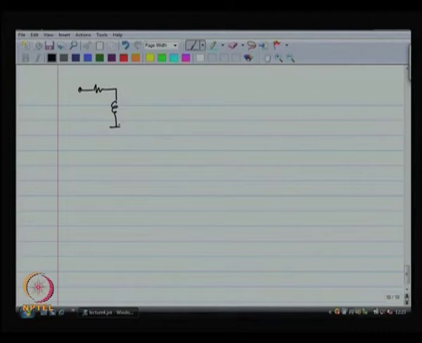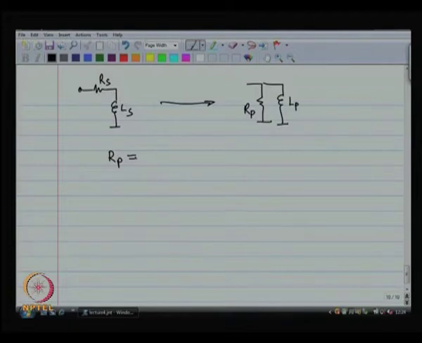So, suppose I have RS and LS and I want to transform it to a parallel network with RP and LP, then I just have to do the precise opposite, which means that RP now has to be much larger than RS and LP has to be equal to more or less the same as LS.